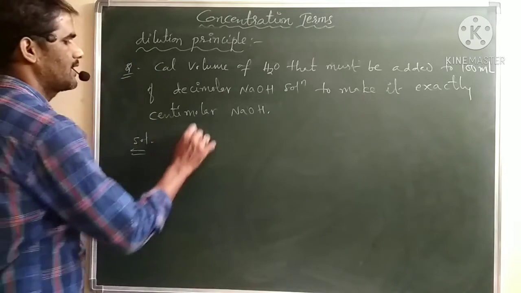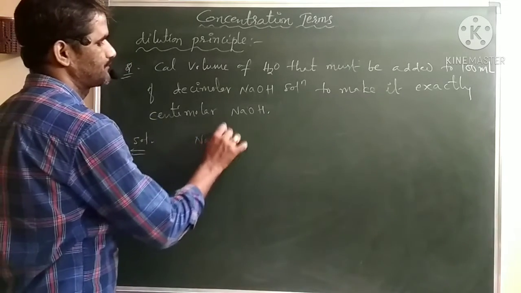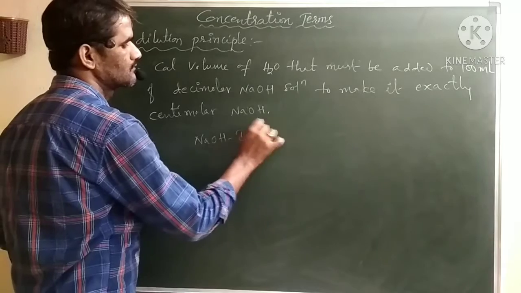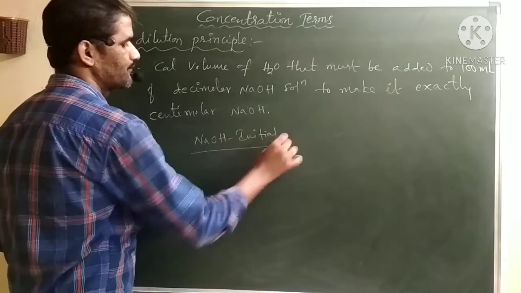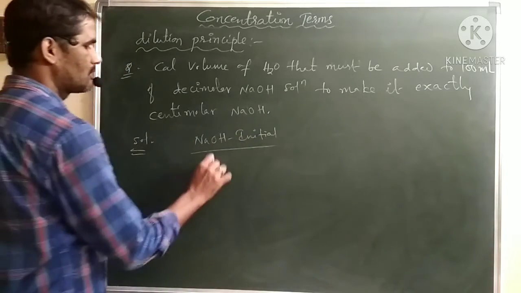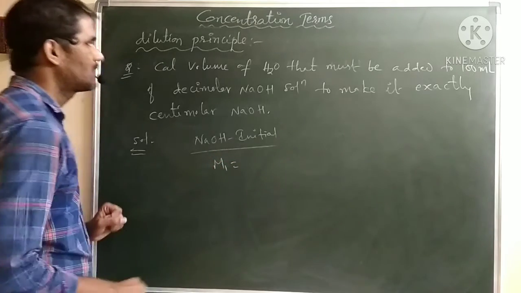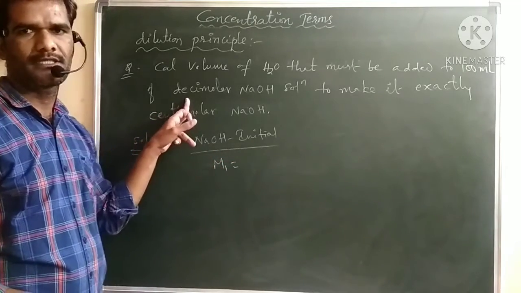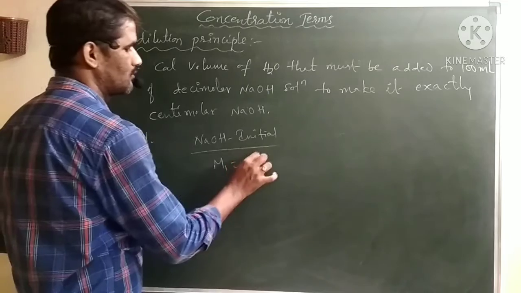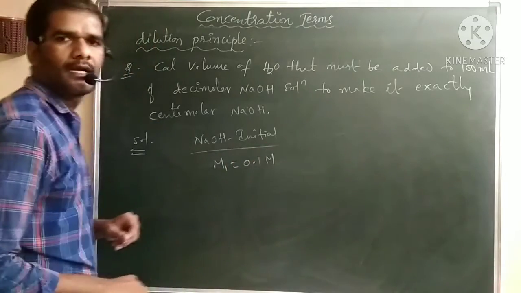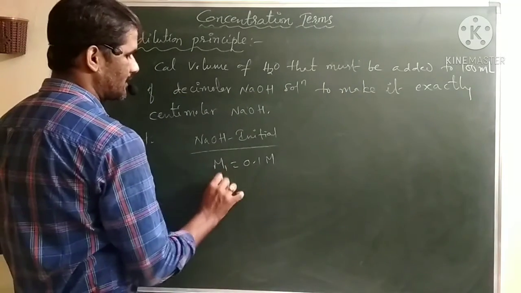Now first, NaOH initial. What is the molarity here? Decimolar. Decimolar means what? 0.1 molar. And what is the volume? 100 ml.